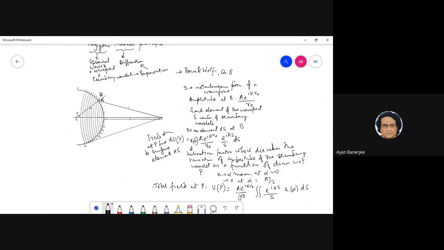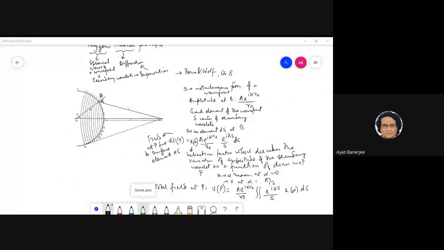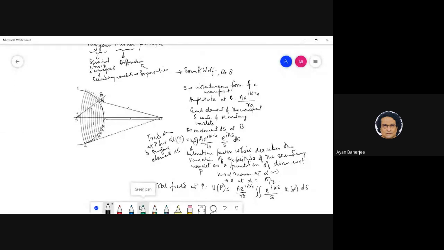Okay. Now let us describe this Fresnel zone. Basically, you just construct a series of spheres, and the radii of the spheres start from the minimum distance.